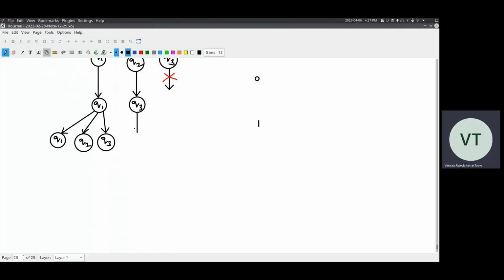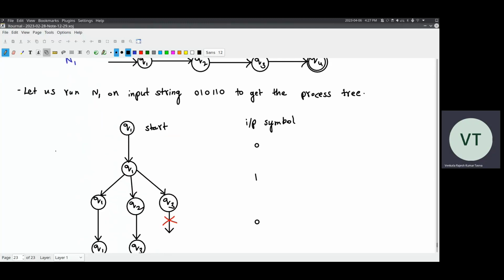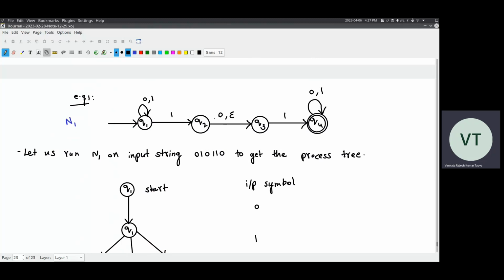Q3 goes to Q4. All right. Now, next symbol is again 1. Q1 goes to Q1, Q2, Q3. Q3 does not go anywhere on 1, so the Q2 branch is gone. That will die out. Q3 goes to Q4.